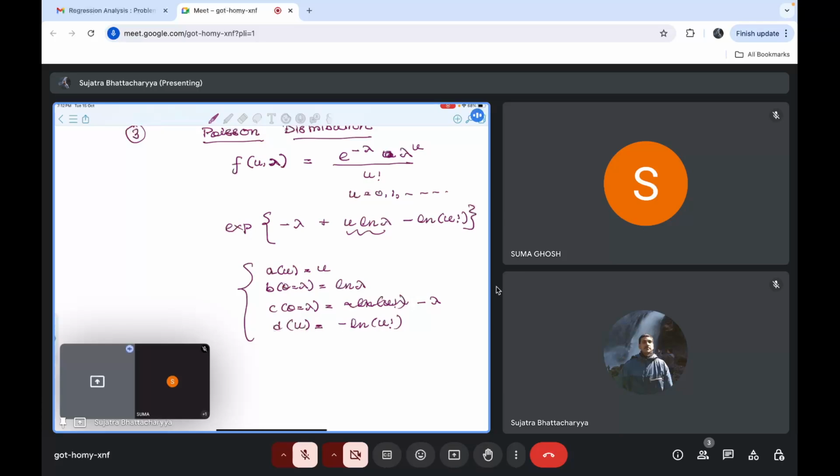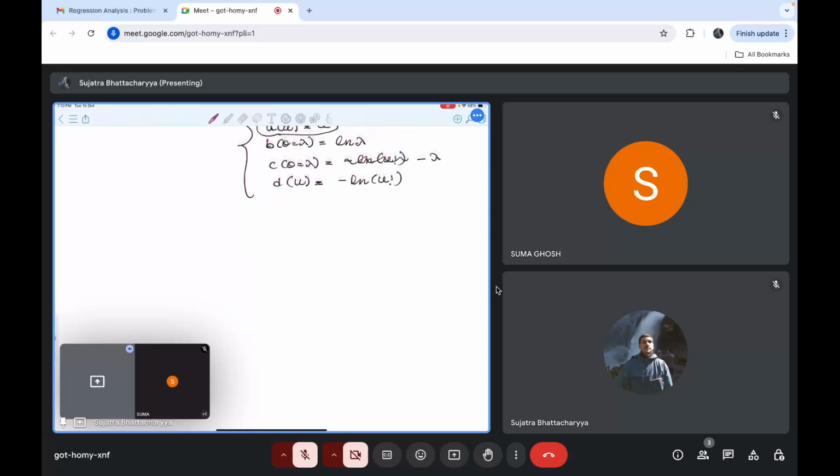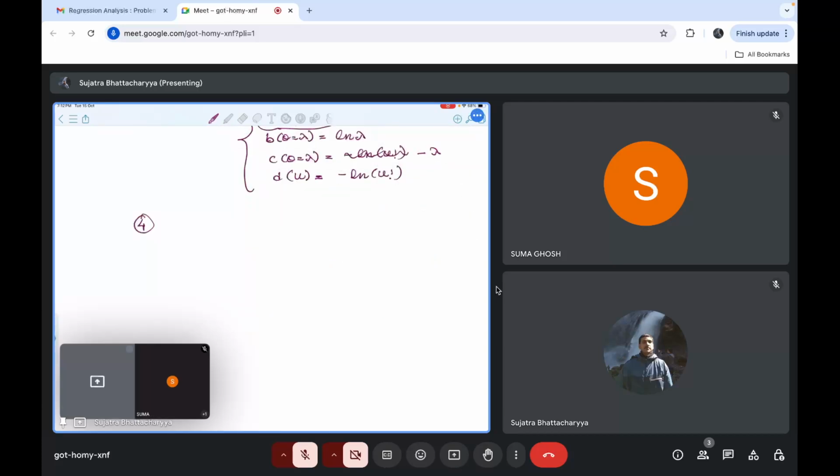So this shows that this also belongs to an exponential family of distributions and is of a canonical form. Alright, so this is your third one. Let's go to the fourth one, another important distribution, which is the gamma distribution.